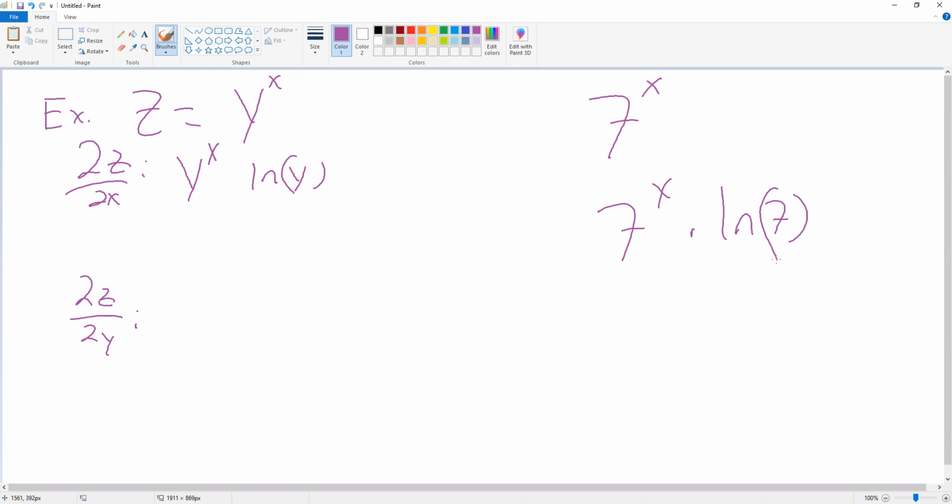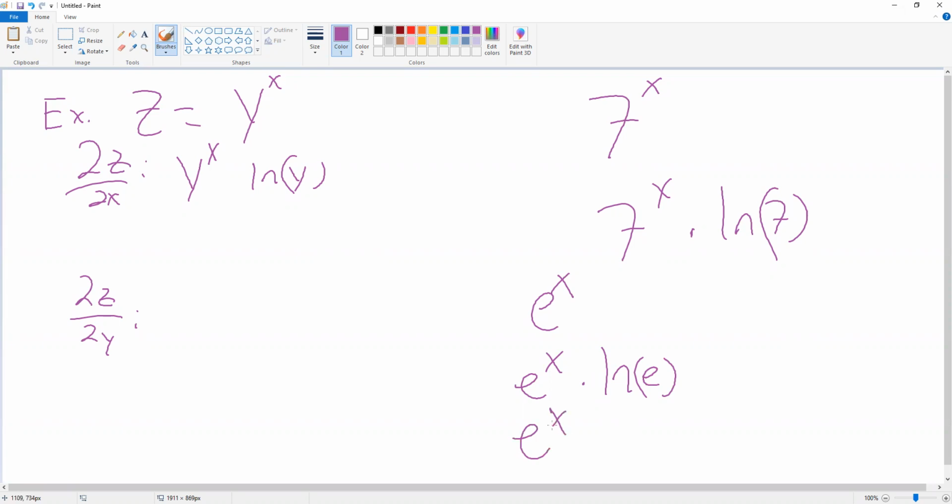When we're differentiating e to the x, what are we actually doing there? We're doing e to the x times what? Ln of e, and what's the ln of e? Just one, that's how we get e to the x back. Same concept.